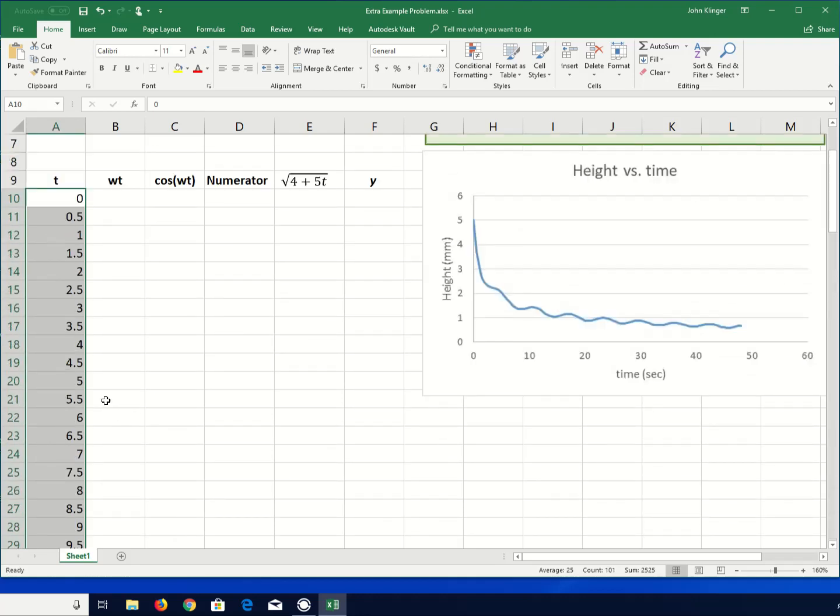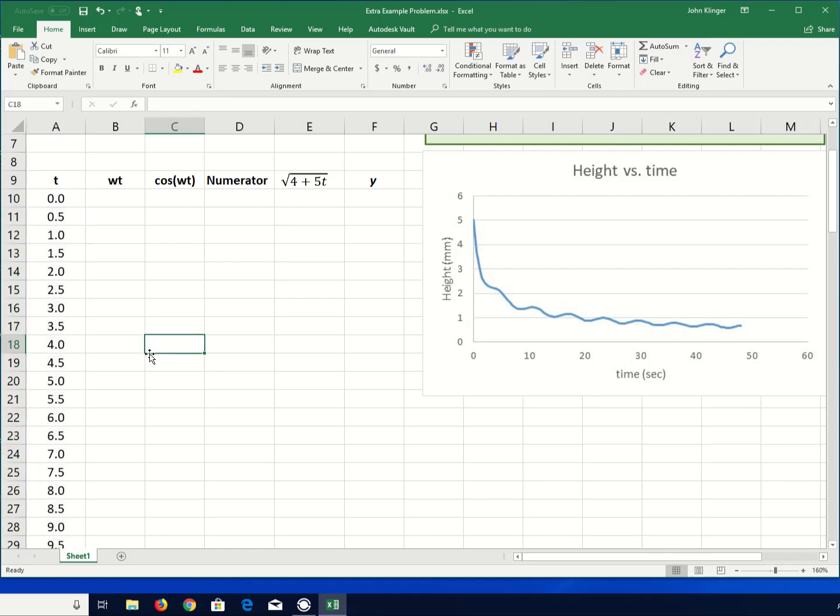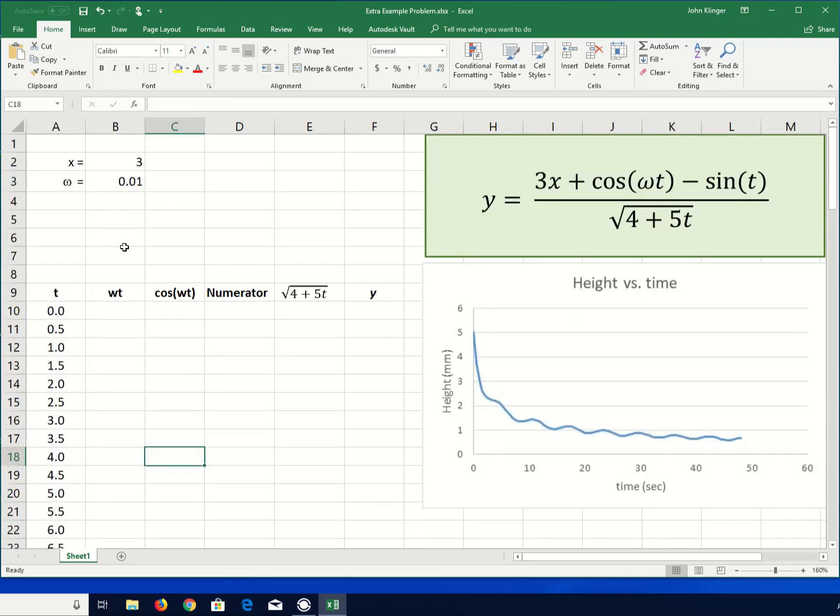I'm going to make it look a little nicer. I'm going to have this have a decimal place of just 1. So there it looks nice, and we will also center it all. The best way to solve these types of problems, so this gives me my range of values for t down that first column, is to break this up into its components.